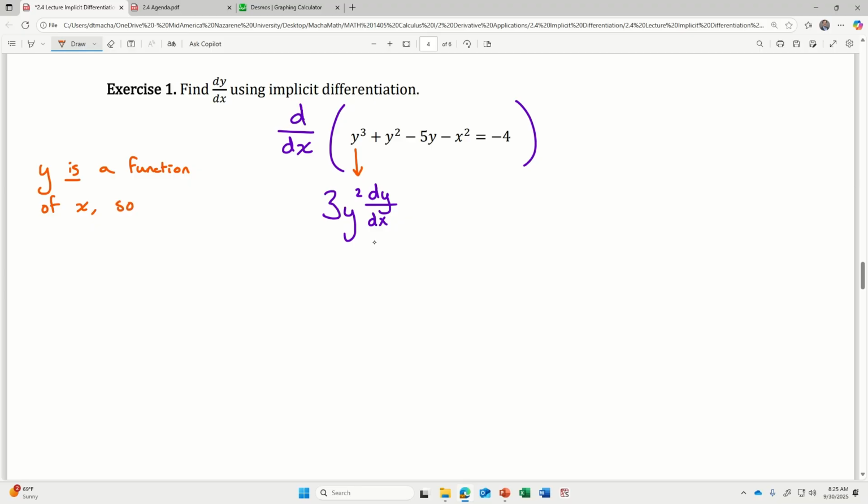So we have to think about the derivative chain rule. And the derivative chain rule says, first take the derivative of the outside function. The outside function is y cubed, so the derivative is 3y squared. And then multiply by the derivative of the inside function. And the inside function is y. Y is the inside function. The derivative of y is dy dx. So we're multiplying times dy dx because that's what the derivative chain rule says to do.